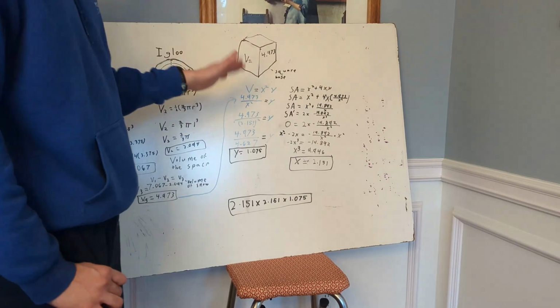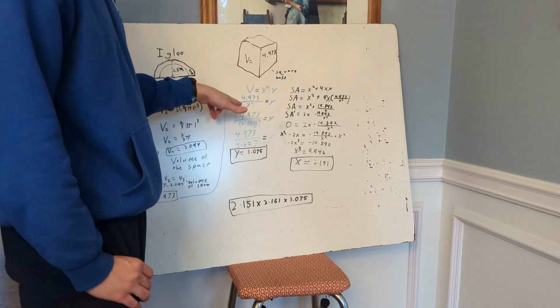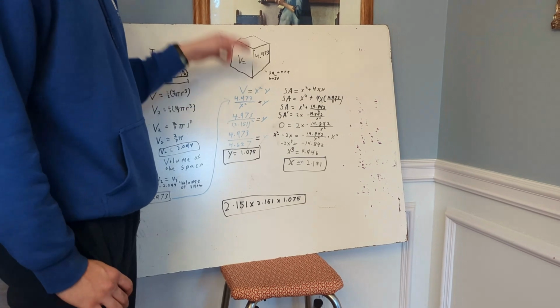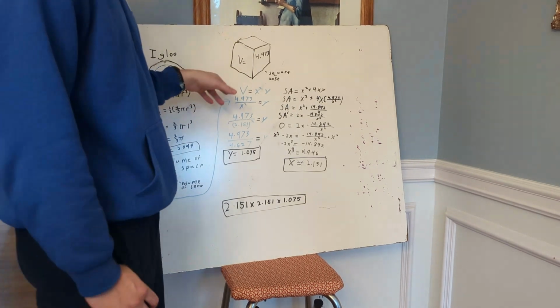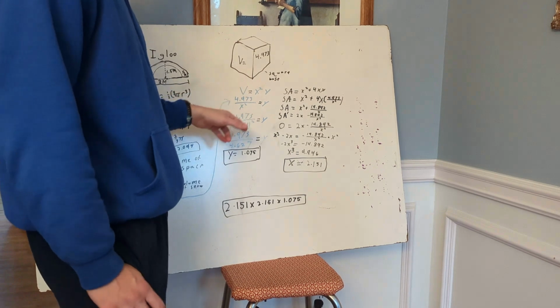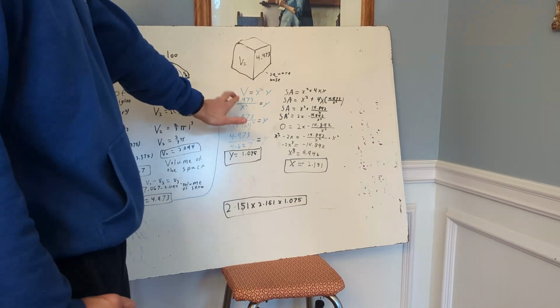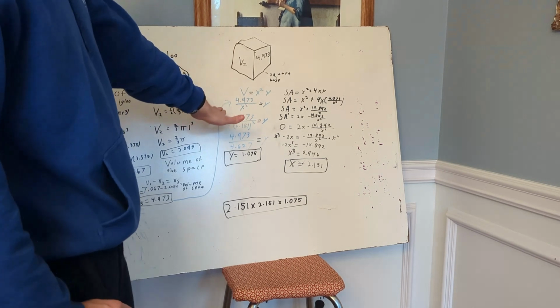We're trying to solve for y, so we divide this side by x squared, and we have 4.973 over x squared.